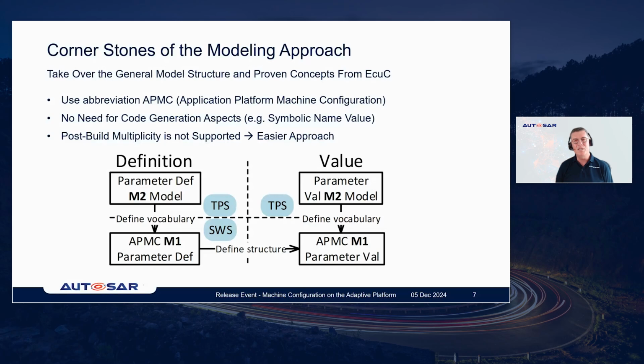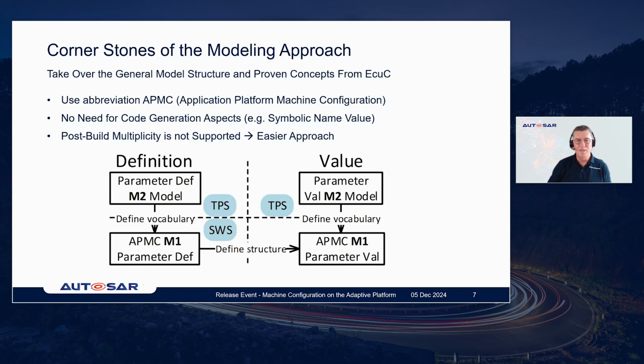So ECUC needs to take care of some code generation aspects, for example, to consider this symbolic name value approach. Also in ECUC, we have post-build variability. This is not possible on the adaptive platform anyway, so APMC doesn't have to support this.